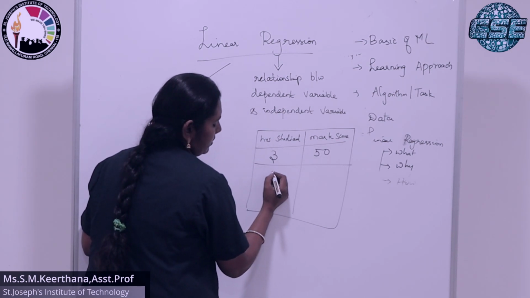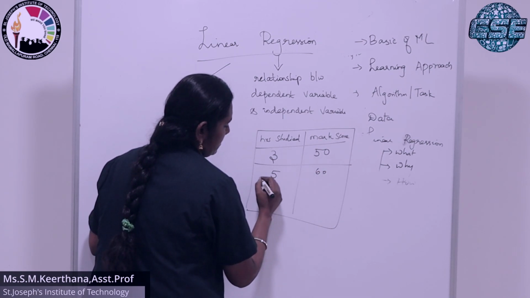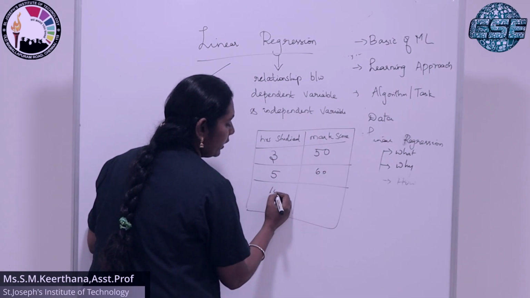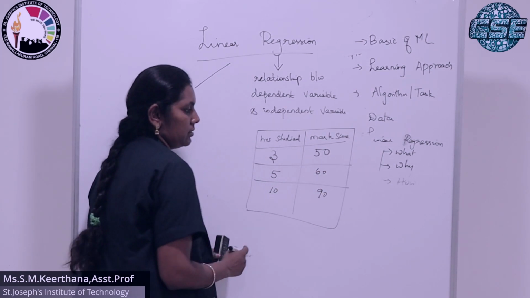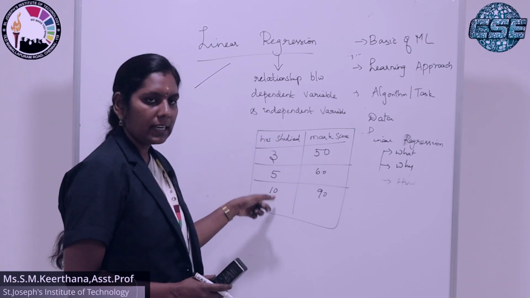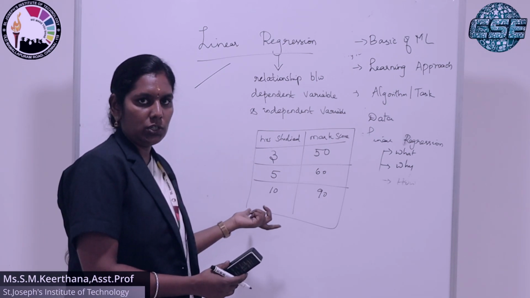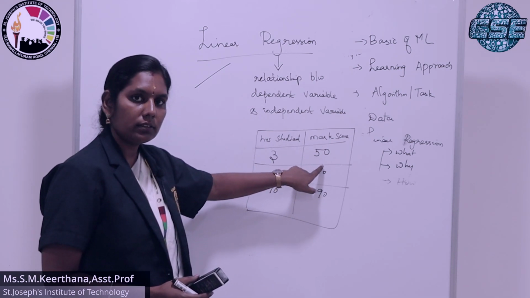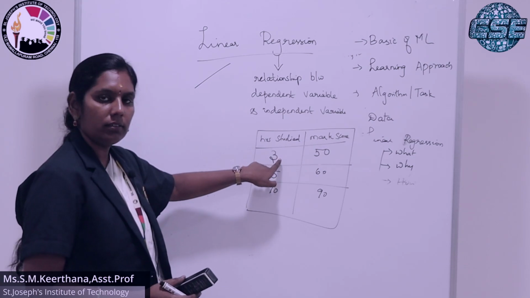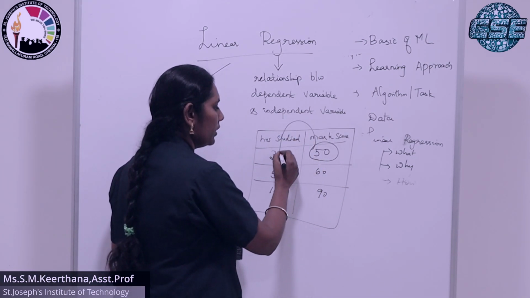If he studies for 5 hours, he gets 60 marks. He studies for 10 hours, he gets 90 marks. Consider this as my input. Here the hours he studies is the independent variable, it is not dependent on any other feature. The marks scored is dependent on this particular feature. So the marks he obtained are dependent on the hours he studied.